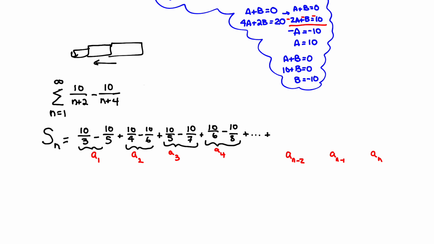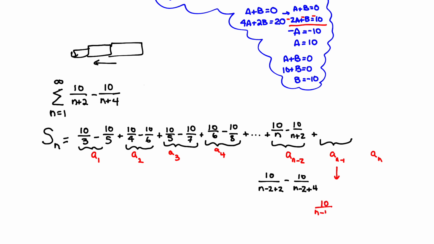I'm going to go n minus 2. So let's see, 10 over n minus 2 plus 2, and 10 over n minus 2 plus 4. So I'm getting 10 over n minus 10 over n plus 2. And this guy is 10 over n minus 1 plus 2, 10 over n minus 1 plus 4.